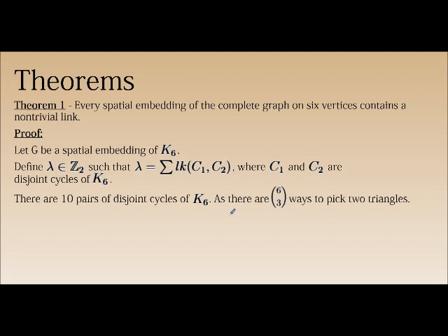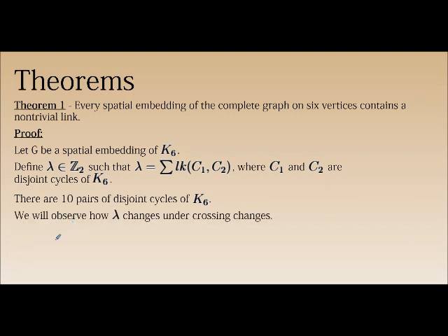But since when we pick the first triangle, we automatically pick the second triangle, something like choosing 1, 2, 3 for one of my cycles is the same as choosing 4, 5, and 6. Because choosing 1, 2, and 3 automatically chooses 4, 5, and 6 for the other one, and vice versa. So there are 10 disjoint cycles of K6.